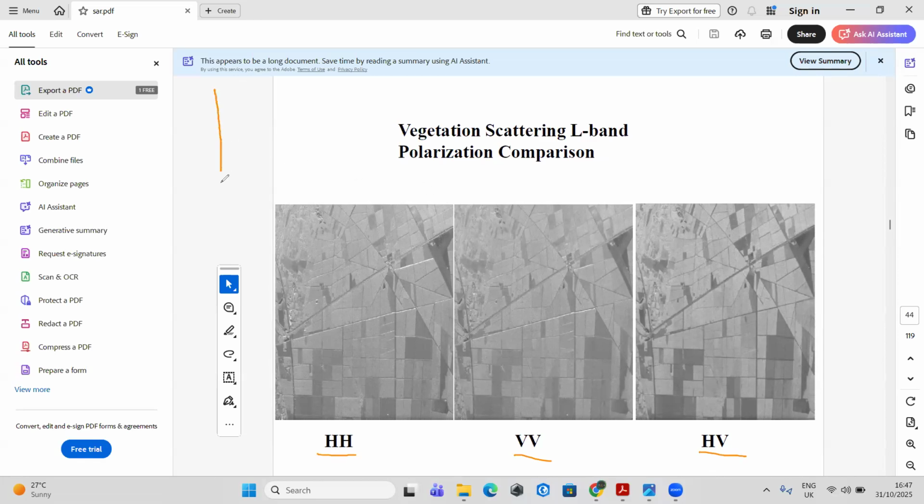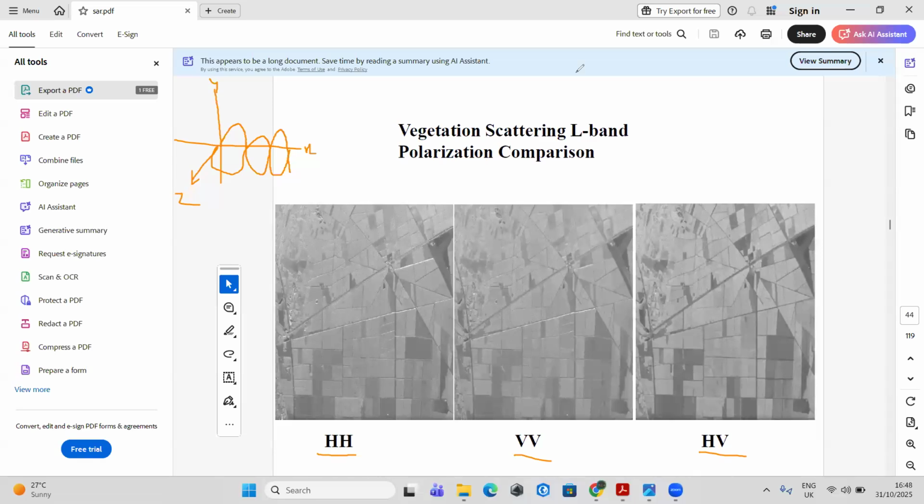What this means is, when the sensor releases a signal, the energy, if this is going like this, and if you think of a Z axis, this is X, this is Y. If there is a Z axis, this one is going in X and Y, right? What if it goes in X and Z?